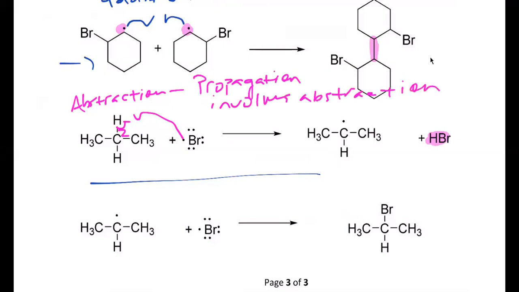Every propagation step is going to have abstraction. You do abstraction multiple times down a chain, and you see over here, the result of abstraction is always a radical left over, some new radical that you made.